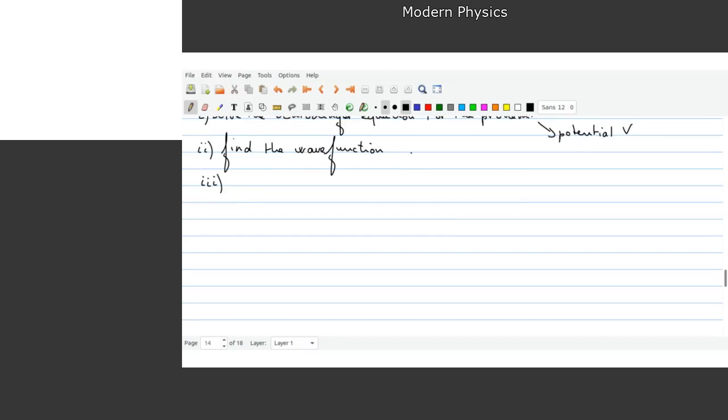So you can extract the density, the position density of the probability of finding your particle in some place in the space. But it is not only that. You can find its energy, you can find its angular momentum, you can find everything you want to know about the particle, you can extract from the wave function.